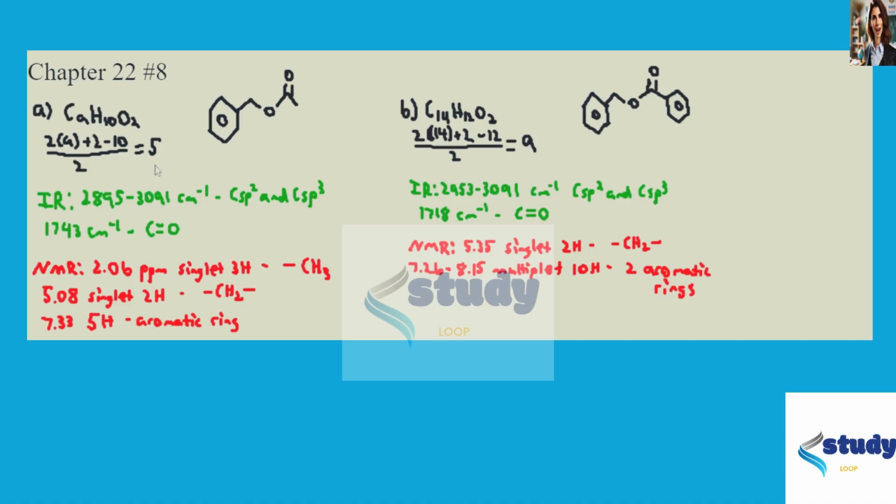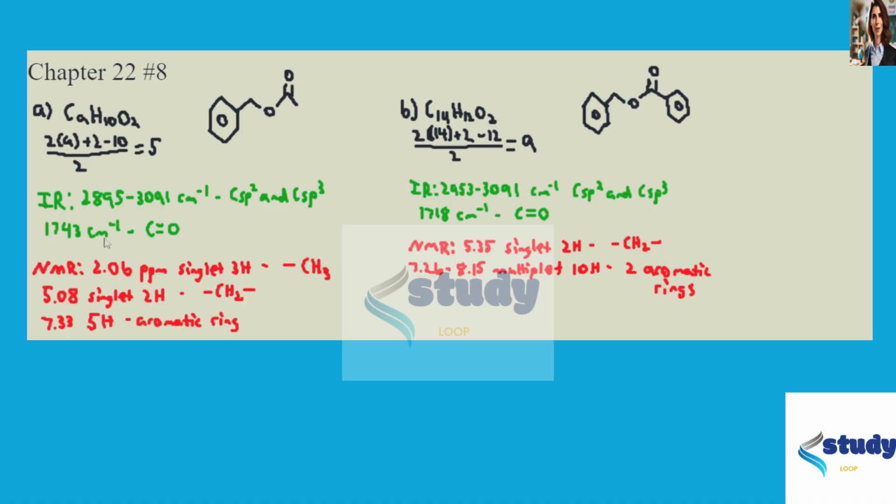Looking back at our assumption from the hydrogen deficiency index, an aromatic ring and a double bond somewhere else, this IR data makes sense because that would be our sp2 hybridized carbons.